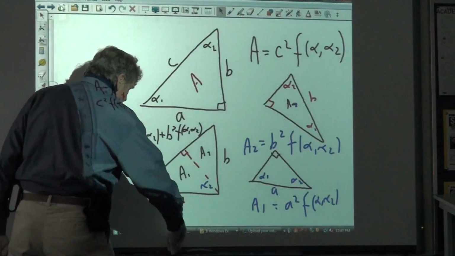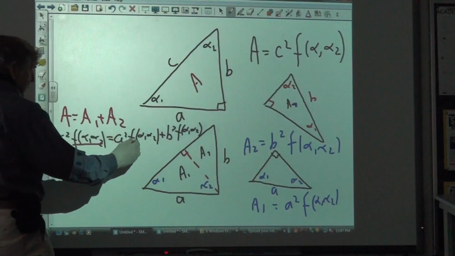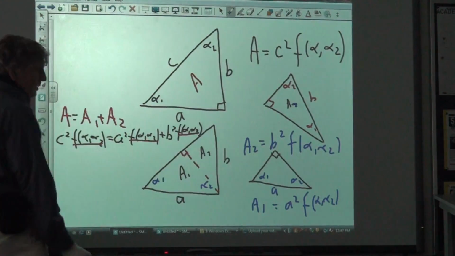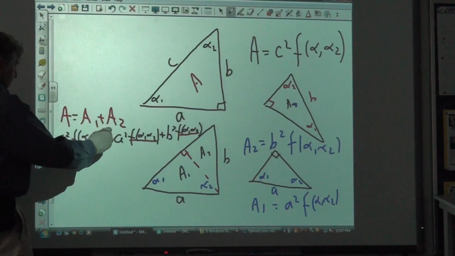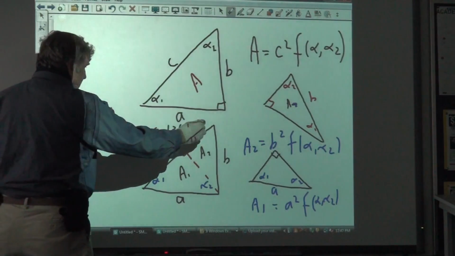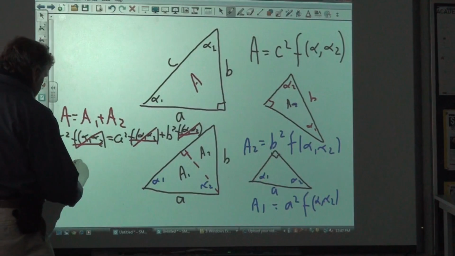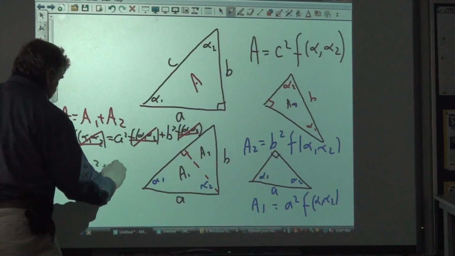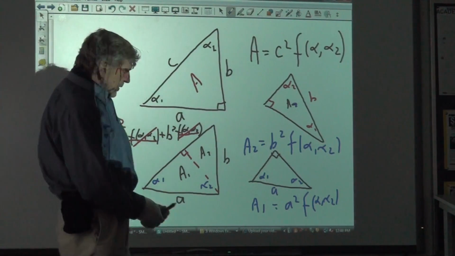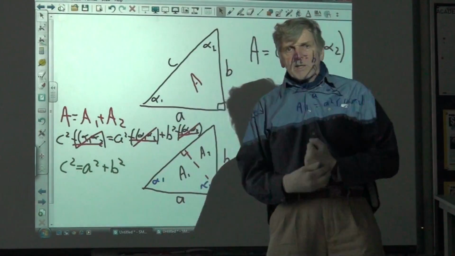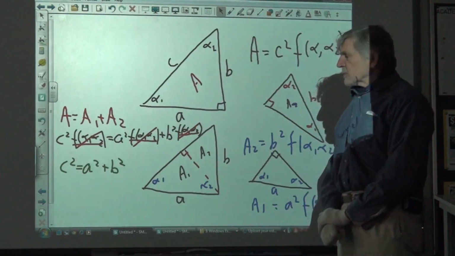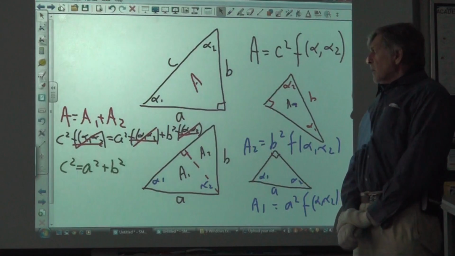Notice, as promised, that the function occurs in all three terms in identical fashion and is therefore immediately cancelable, and so we have the final result that c squared is equal to a squared plus b squared. Pythagoras' theorem established by nothing except dimensional analysis.